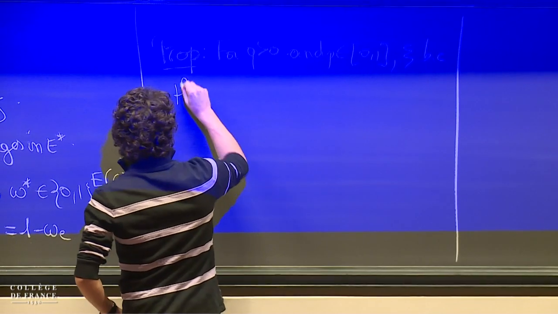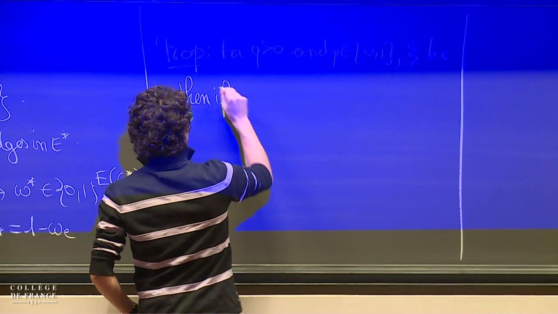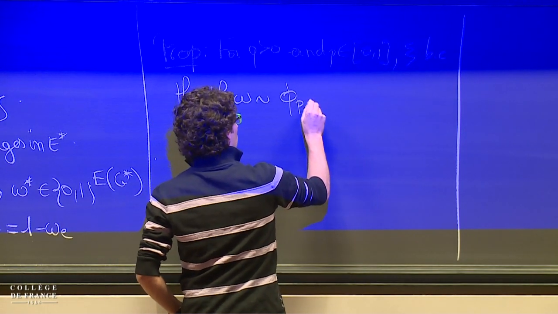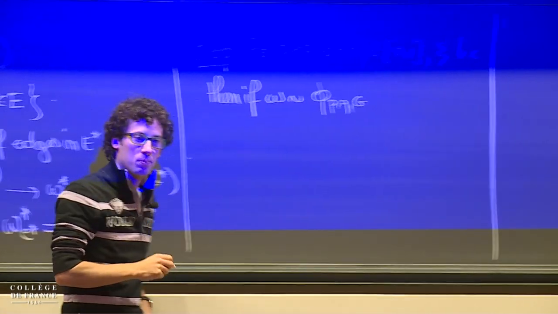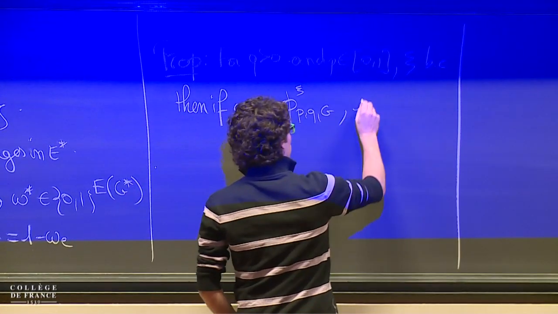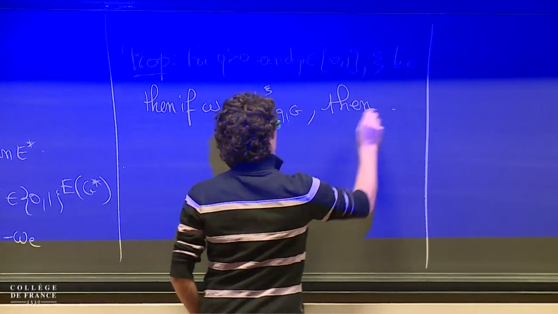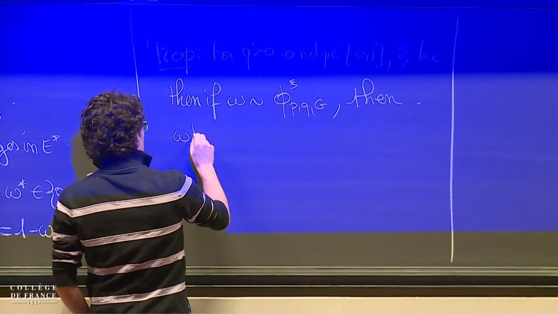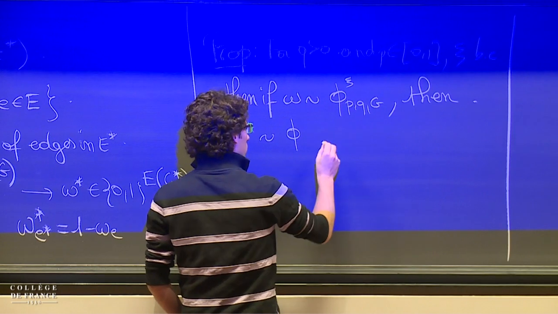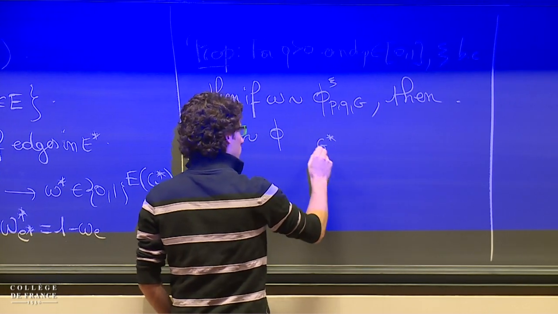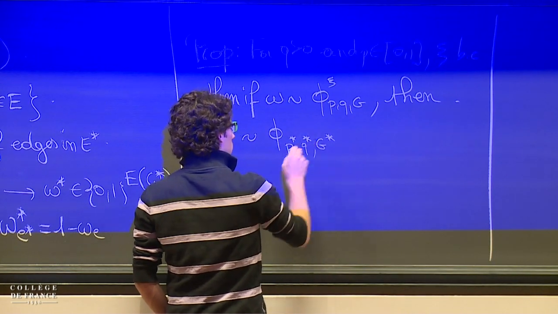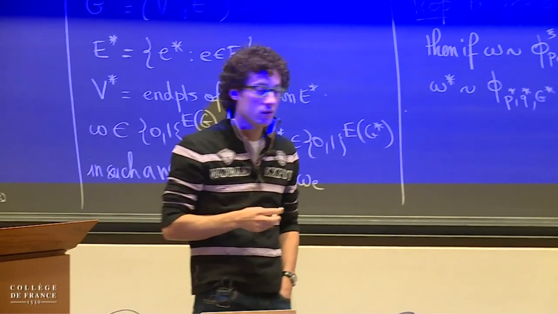If omega is sampled according to a random cluster model on G with parameters p, q and with boundary condition xi, then the dual configuration is also a random cluster measure, this time of course on G star, with parameters p star and q star. A priori, the parameters are not the same.